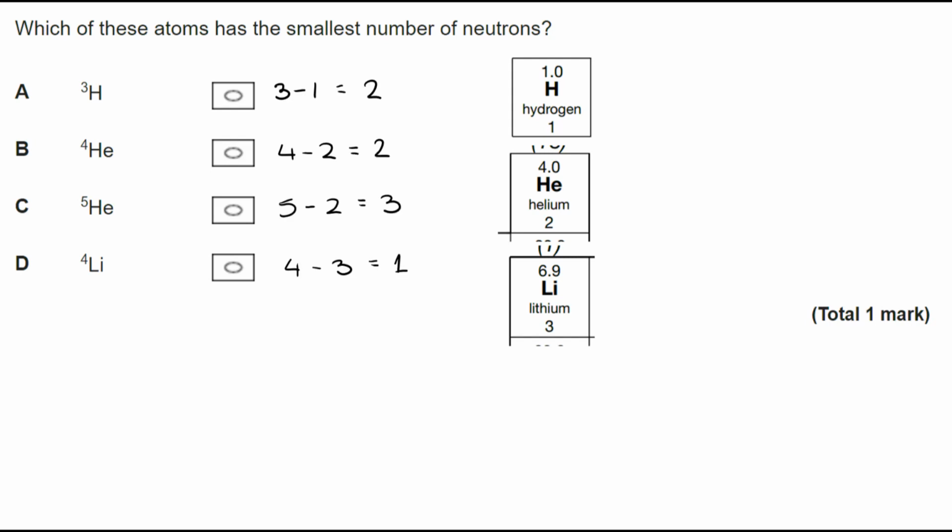So hydrogen, 3 take away 1 is 2. Helium, 4 take away 2 is 2. Helium 5 is going to be 5 take away 2, so that's 3. But lithium has got 3 protons, so if its mass number is 4, as this isotope is, that means it's only got 1 neutron. And so we have our answer.